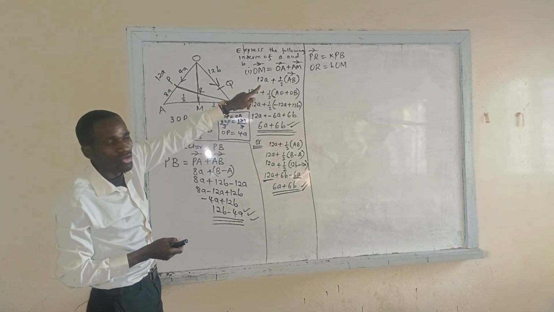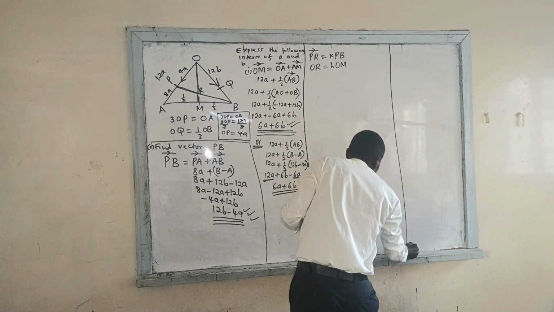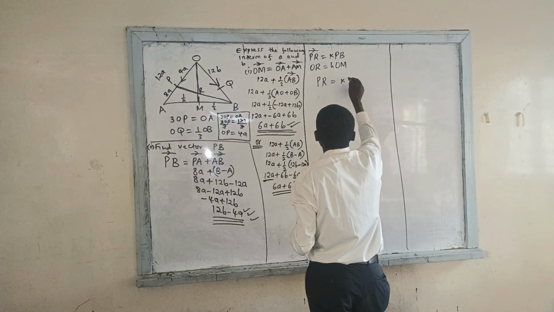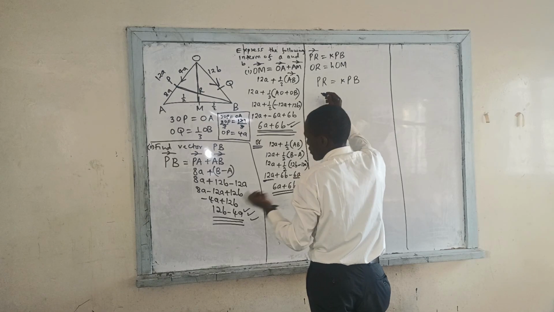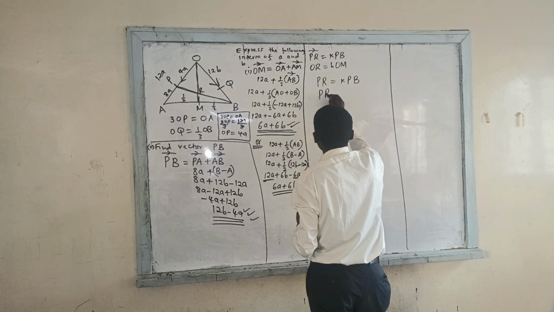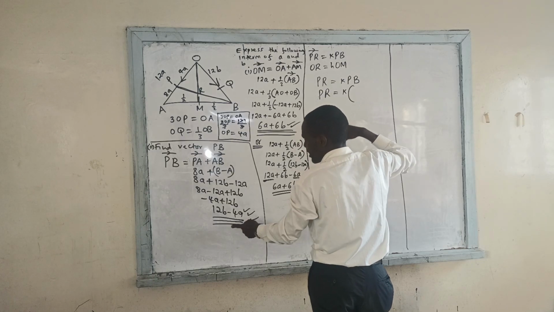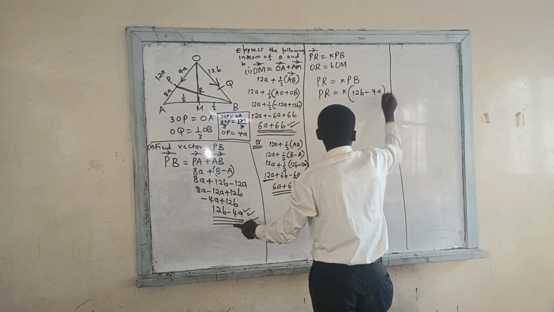Those are the 2 guidelines you're going to use. So you just come here and say, my first PR should be equal to KPB. I know very well PB is gotten. So I'll say PR is equal to K into PB. I have PB as 12B minus 4A.